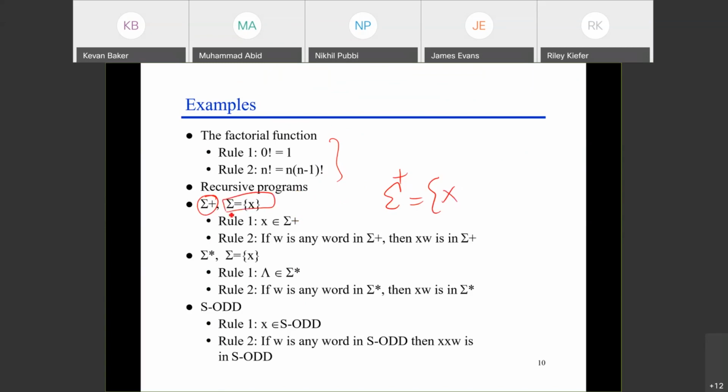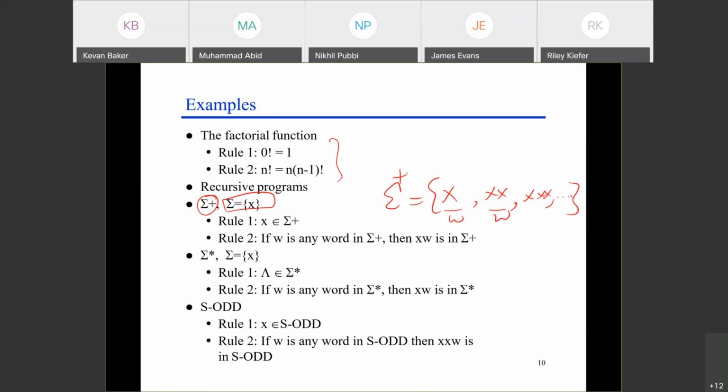This is given. And then w is any word. What is w here? We only have x as a w. So xw is in summation. Multiplying x with w means x with x, that will be in summation. Then this is w; multiply this with x, and this will be in summation. So you see that this way you can generate your summation.